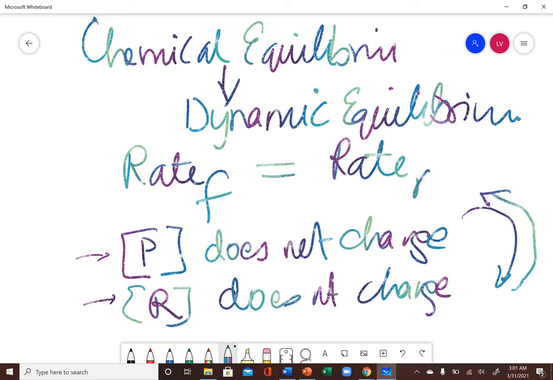Now, chemists need to know something a little more quantitative about dynamic equilibrium. When chemical equilibrium hits, we can represent it mathematically.